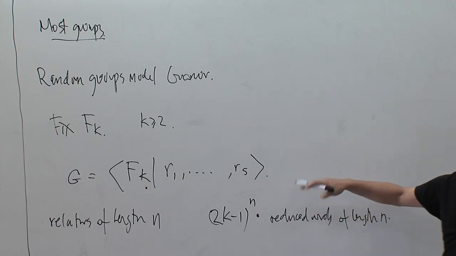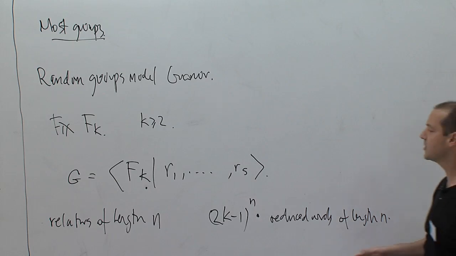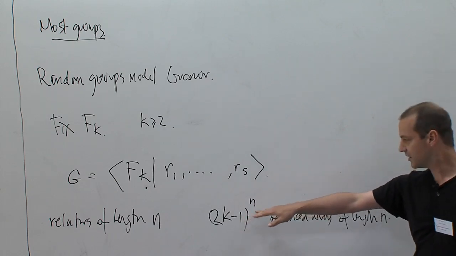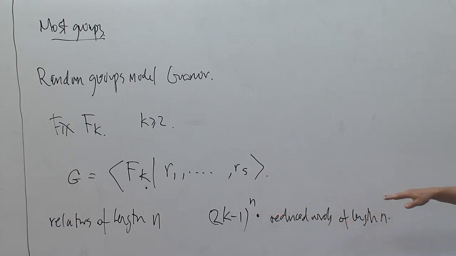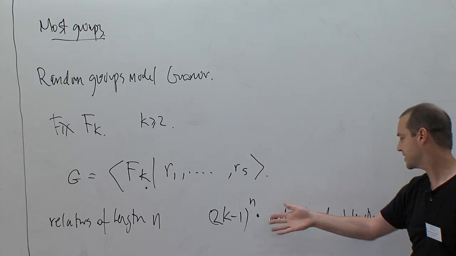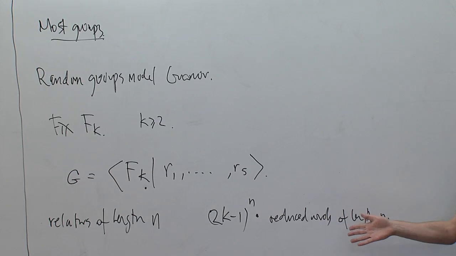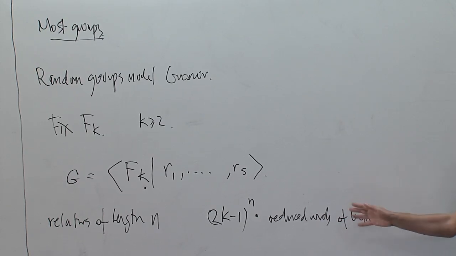I'm not going to distinguish in this talk between reduced words and cyclically reduced words. It makes a difference, but in the kind of estimates I'm going to use, they're not sensitive to such differences. So these could be reduced words of length n, or you could insist on cyclically reduced words of length n if that's your thing.